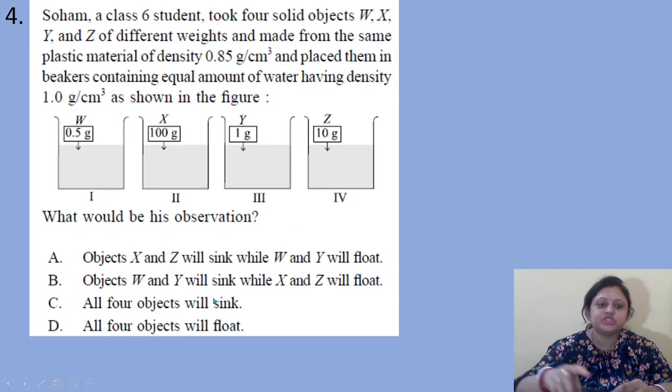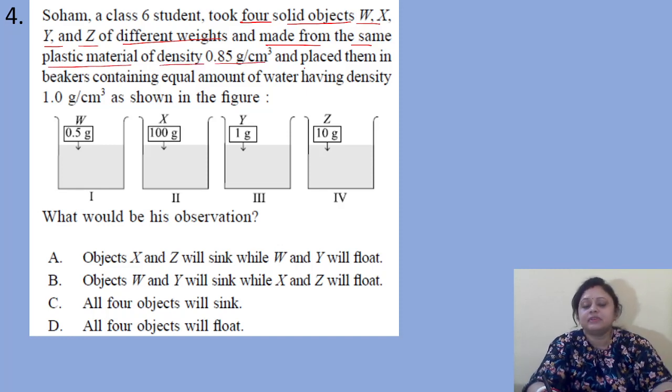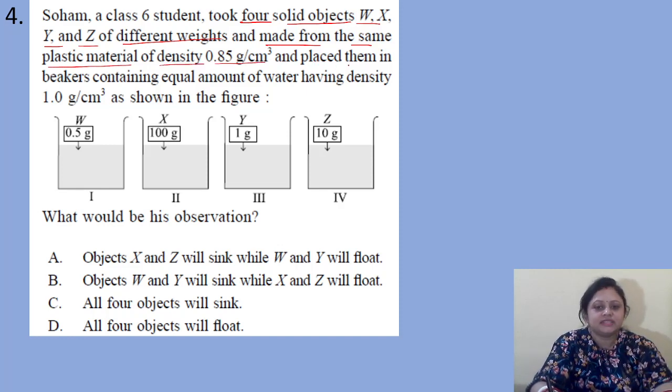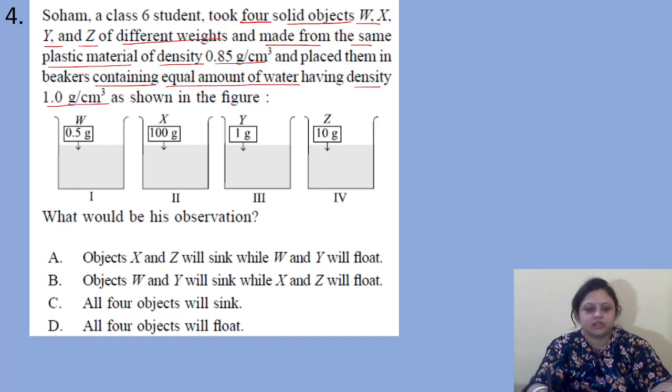Coming to the next question. A class 6 student took 4 solid objects W, X, Y and Z of different weights and made from the same plastic material of density 0.85 gram per centimeter cube and placed them in a beaker containing an equal amount of water having density 1 gram per centimeter cube as shown in the figure.